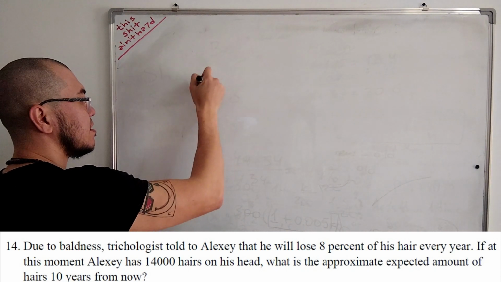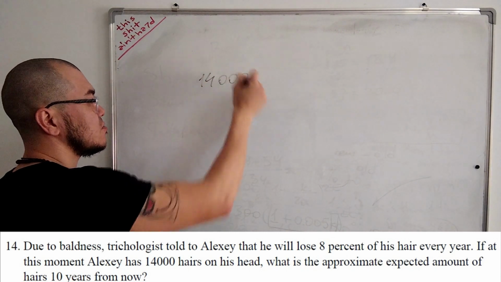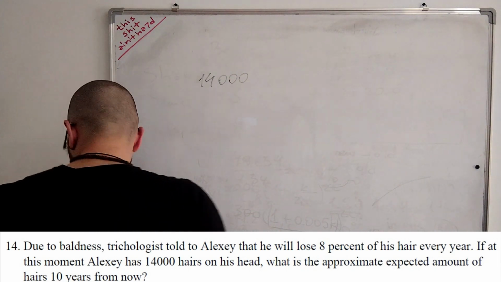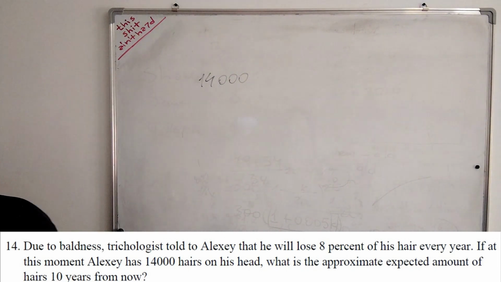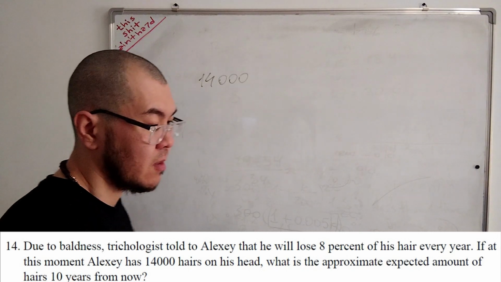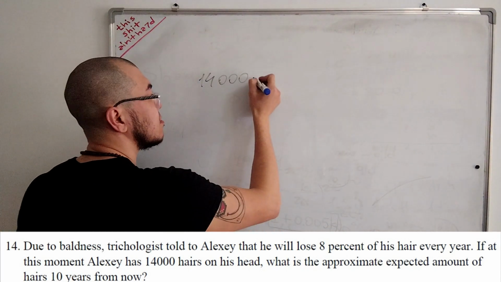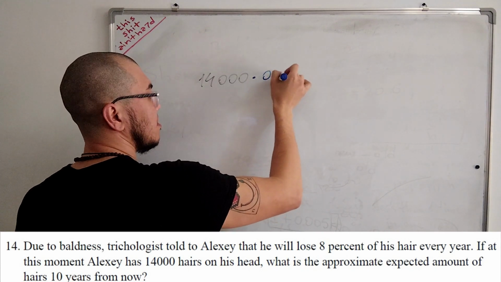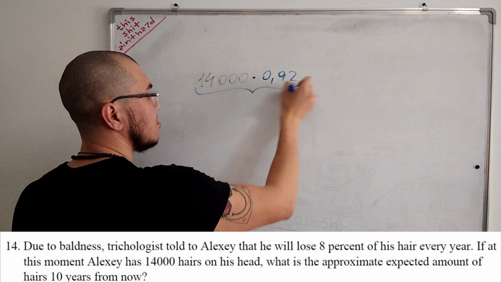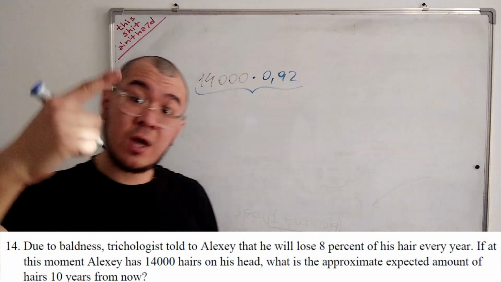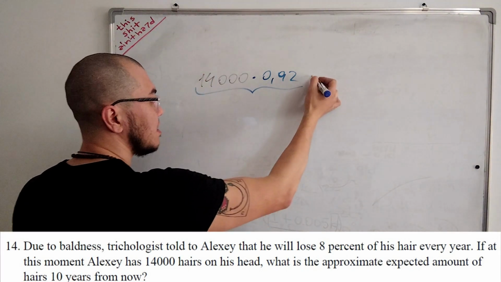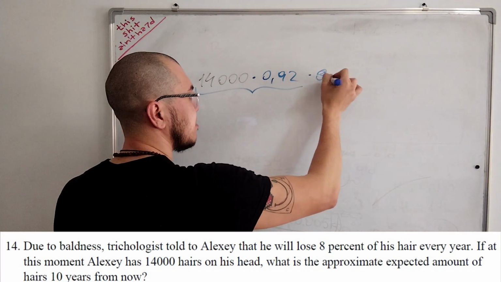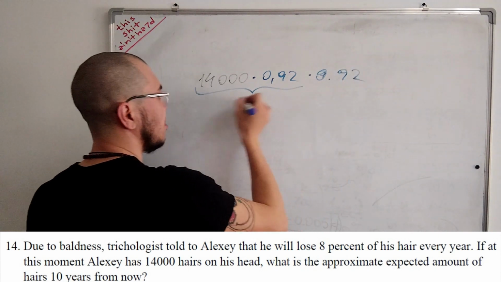Exactly at this moment he has 14,000 hairs. After the first year, he will have lost 8%, so we multiply by 0.92. This is the amount of hairs after 1 year. After the second year, again multiplying by 0.92.